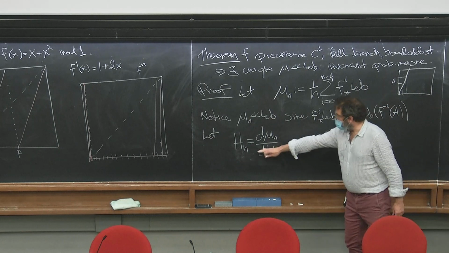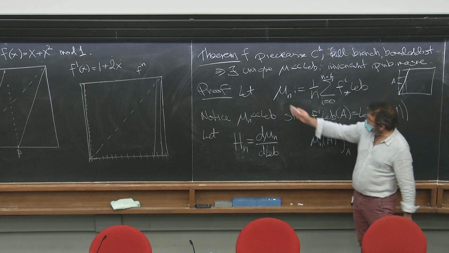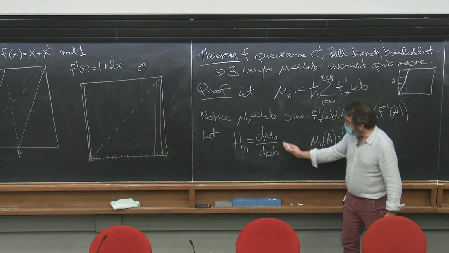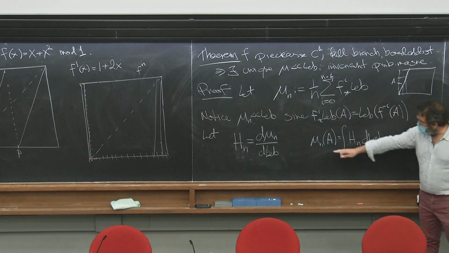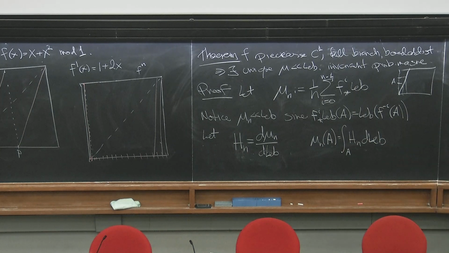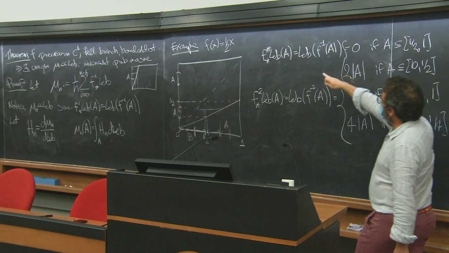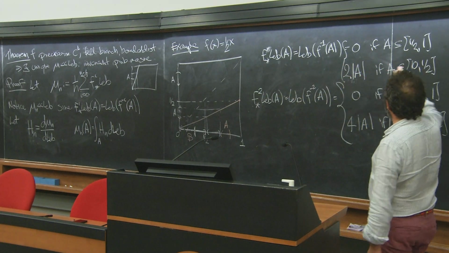The Radon-Nikodym theorem is a theorem in measure theory that tells you that every measure that is absolutely continuous has a density, and the density means that you can write this measure as an integral of this function, right? So these densities here are exactly this. In this case, the density of this measure with respect to Lebesgue is 0 here, and it's 2 here.